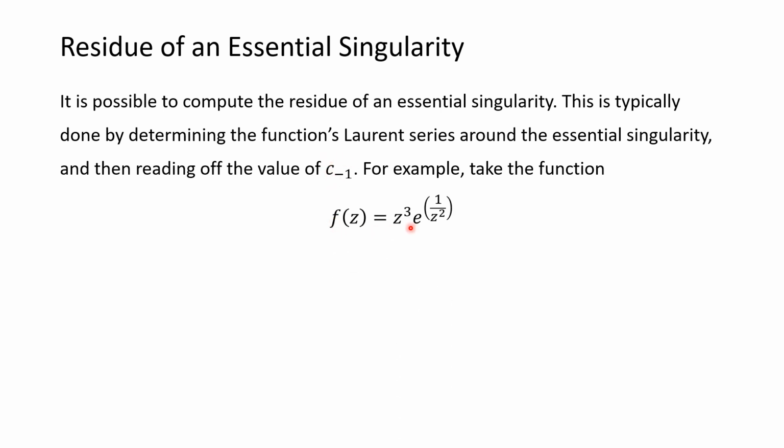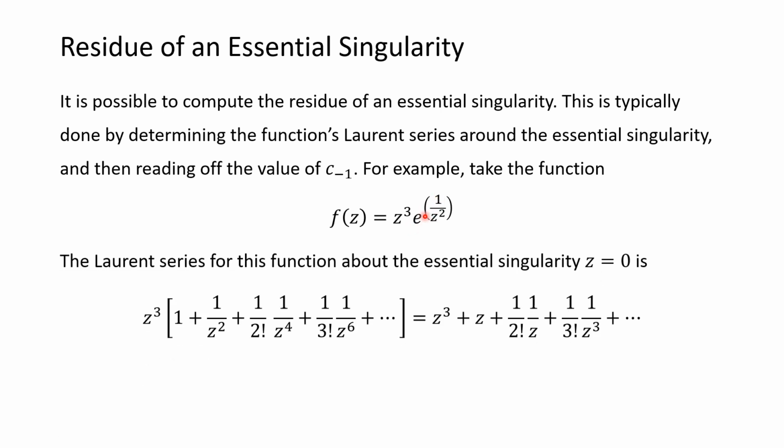We have f of z equals z cubed times e to the 1 over z squared. So first we put in 1 over z squared into the Taylor series for e to the z, and we get this expression. Then we multiply by z cubed, and we get this, and so let me just circle this here.